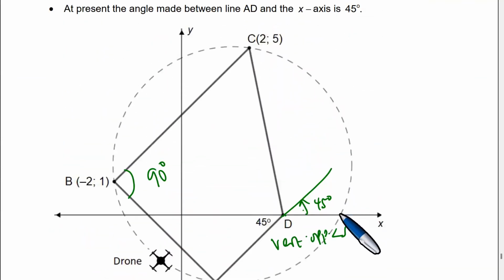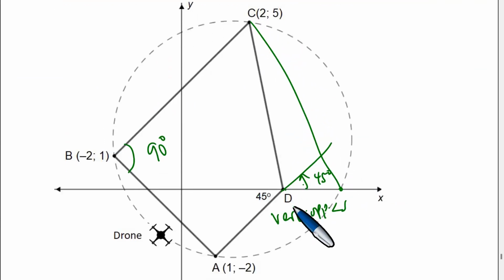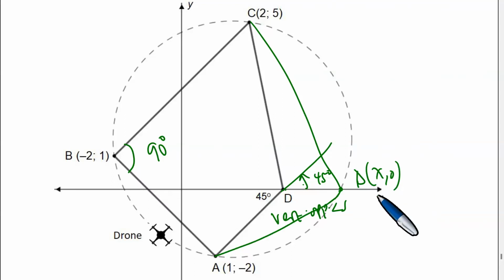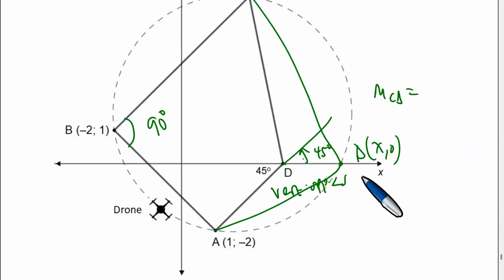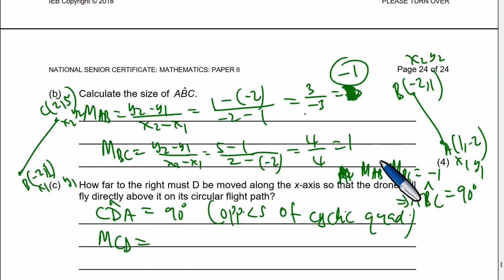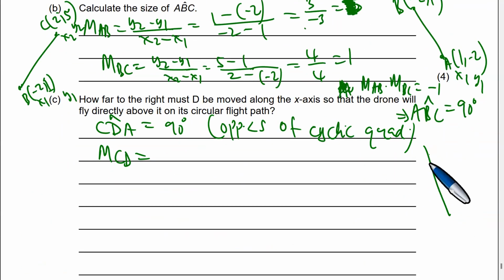Okay, so obviously at this point when this is moved, we have something like this. The coordinates of D would be x and 0. So what is the gradient of CD? C has 2 and 5, D has x and 0.